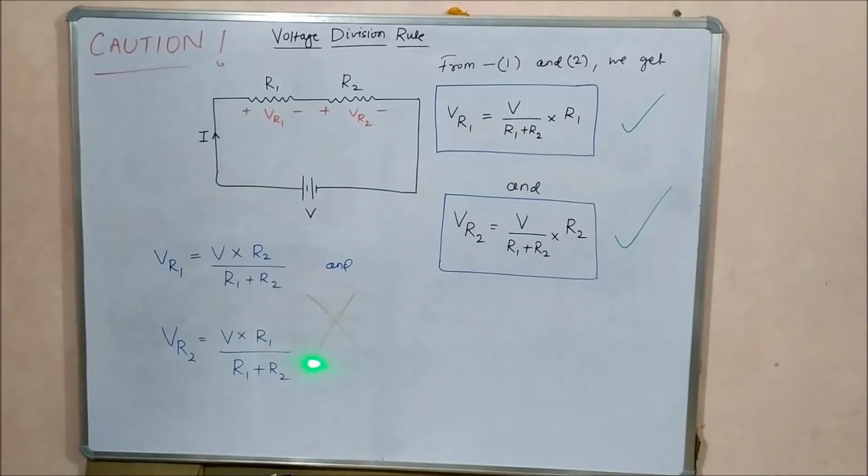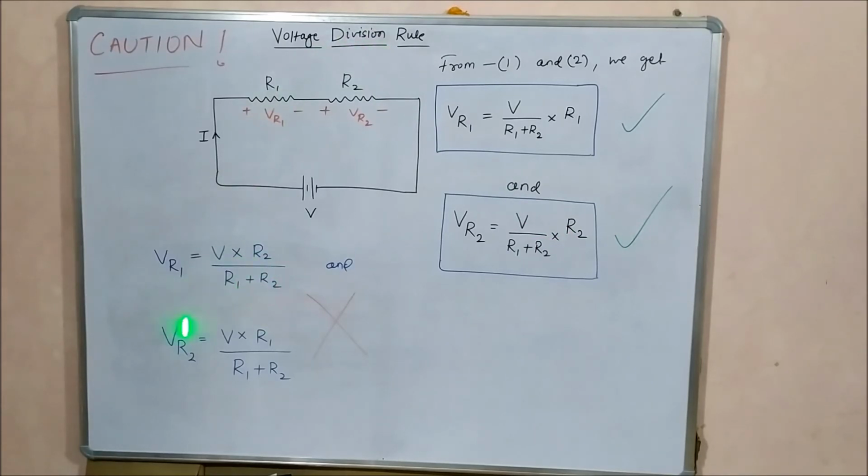It is wrong. In the voltage division rule, you have to multiply the total supply voltage with the same resistance across which you have to calculate the voltage drop. That is, VR1 is equal to V into R1 by R1 plus R2, and VR2 is equal to V into R2 by R1 plus R2.